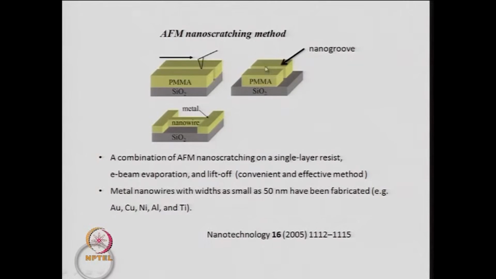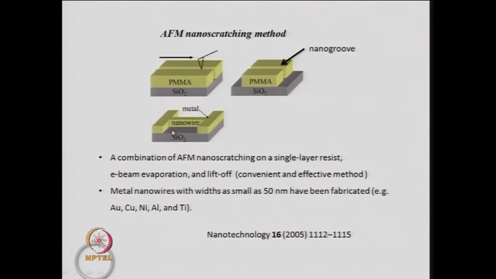Now, if I add anything on top of that, that will grow on the silica on the sides and the silica which is in the nano groove, because there is no PMMA there. So, what I do is now I grow the nanowire, whatever metal I want, on that groove, and then I remove this PMMA.